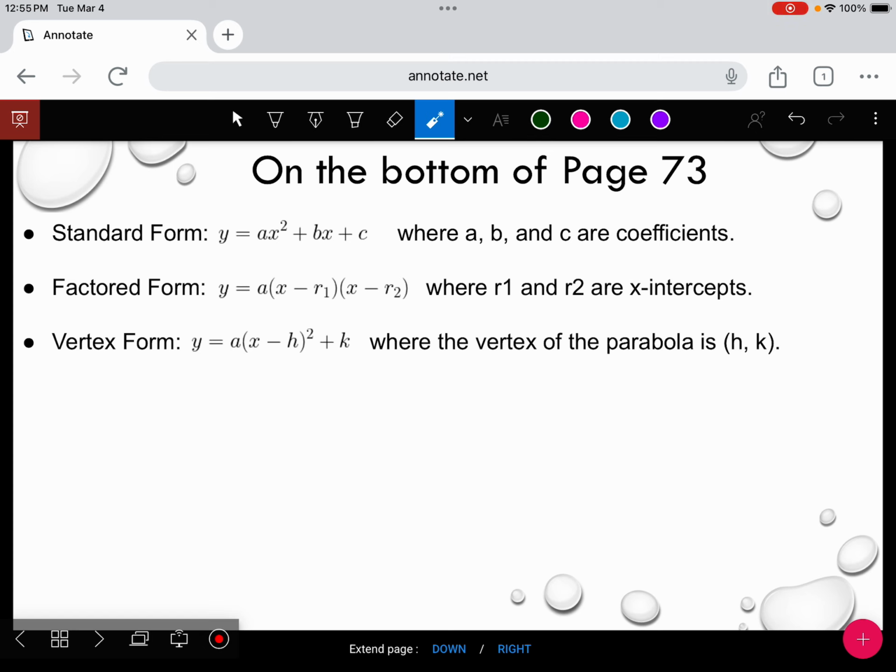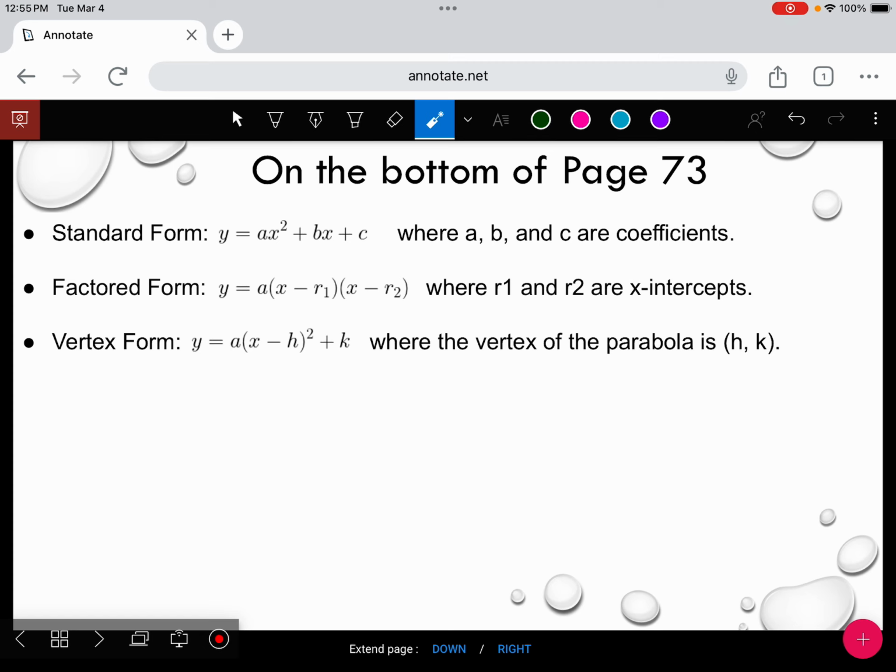This space down here would be a good place to put these. We want our 3 equations. So our standard form, which is the one that has no parentheses, that's our y equals ax squared plus bx plus c. A, B, and C are called the coefficients.